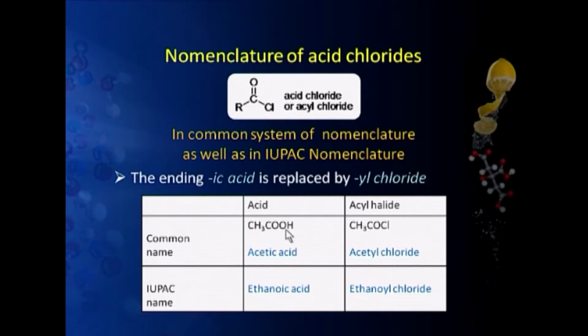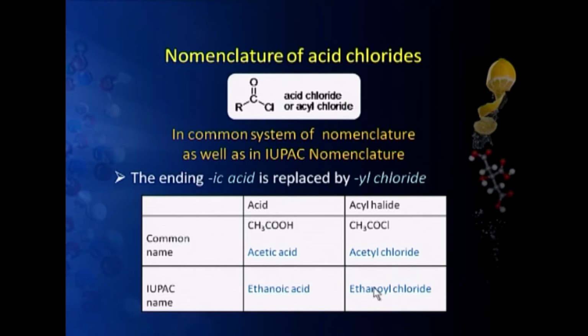When the OH group of this acid is replaced by Cl, we get this compound CH3COCl. In the common system, by replacing ic by yl and then adding chloride, we call it acetyl chloride.